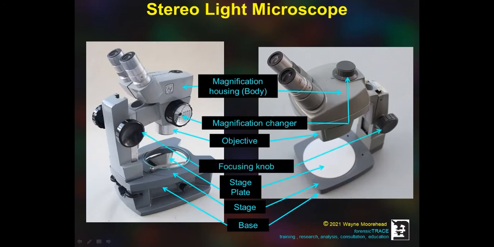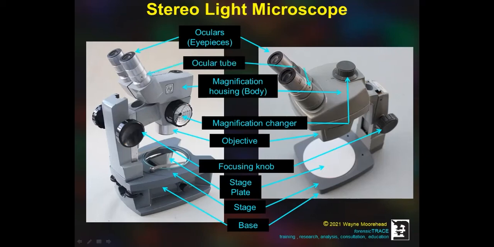The focusing knobs allow the lens assembly to move up and down, allowing you to put the image of the subject into good focus. The lenses you look through at the top of the microscope are called eyepieces, or also called oculars. I will be using oculars and eyepieces interchangeably. They fit into a part at the top of the microscope head called ocular tubes.